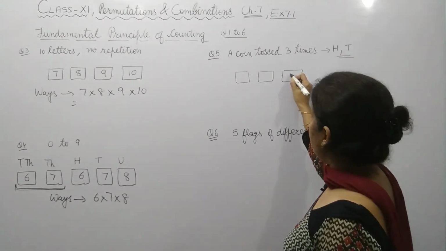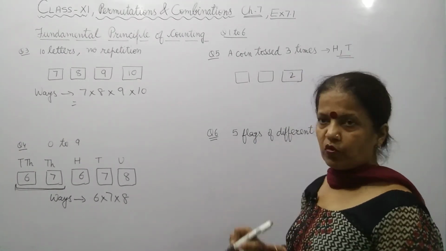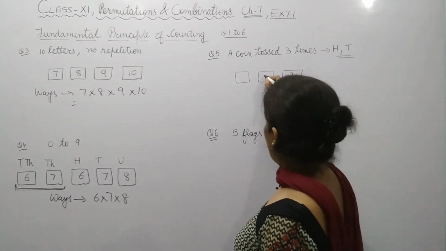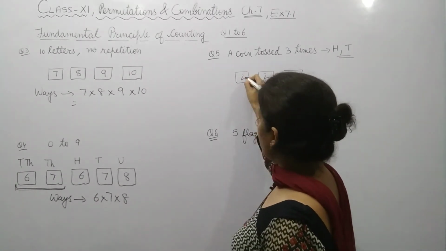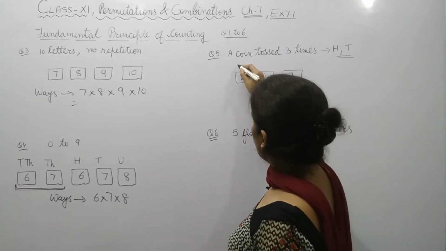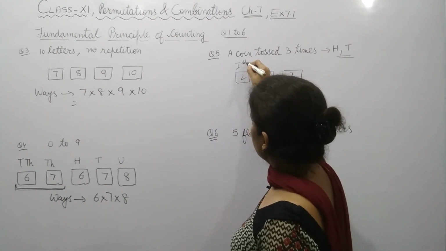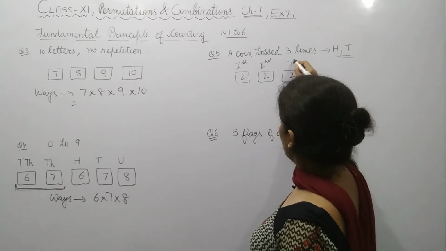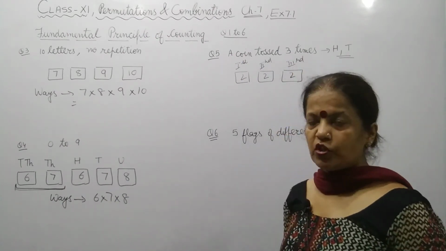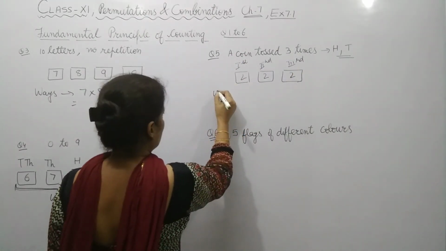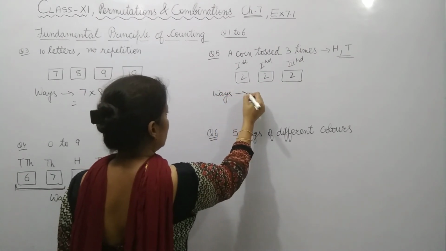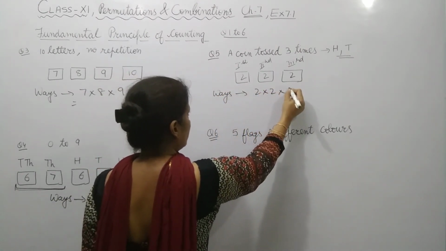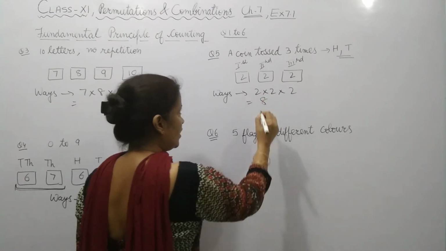So head, tail, out of 2 ways, any one. And again 2 cases and 2 cases. So this is the first time, this is second time, and this is third time. So total number of ways will be, according to the fundamental principle of counting, 8.